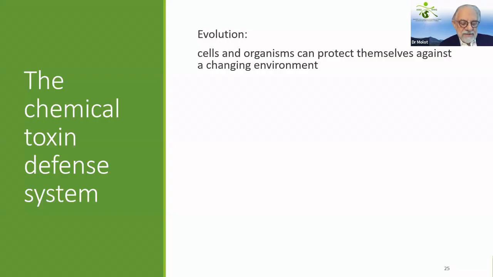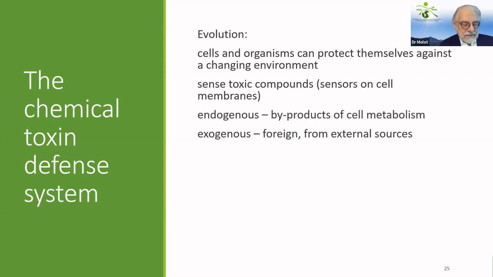What we've learned from our studies of evolution is that cells and organisms have survived and evolved by being able to protect themselves against a changing environment. They can sense toxic compounds because they have sensors on the cell membrane to do that. Some of those chemicals are endogenous, byproducts of cell metabolism. Some are foreign, produced by external sources.